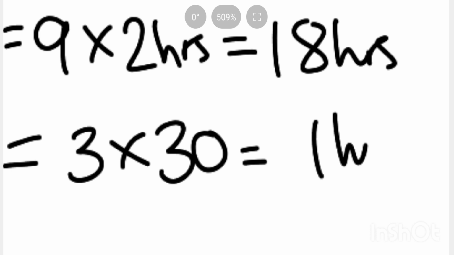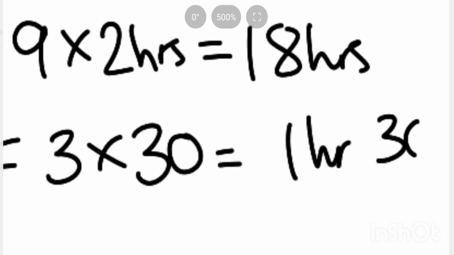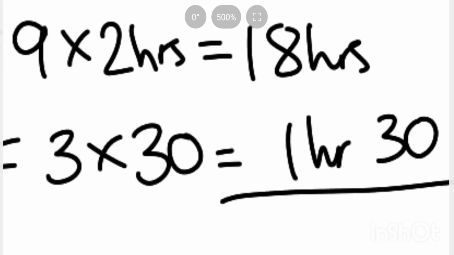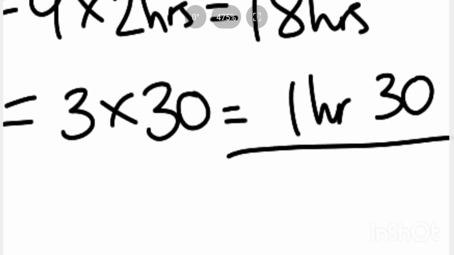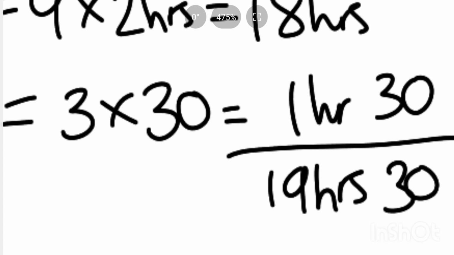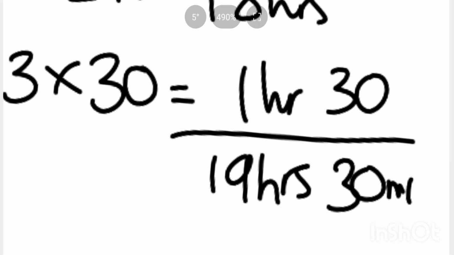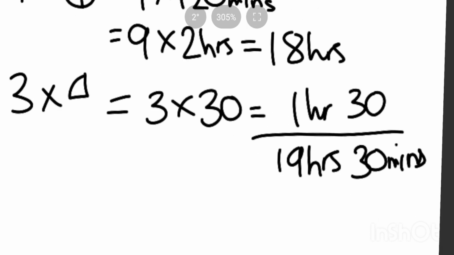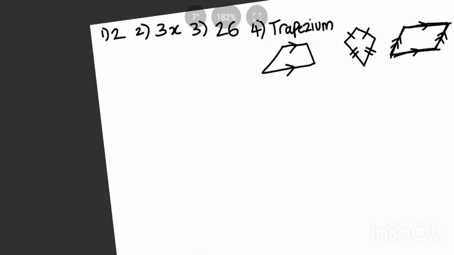So 1 hour 30, and then if you add these 2 together, 18 hours and 1 hour 30 gives you 19 hours 30 minutes. So that's 7B. Question 8.